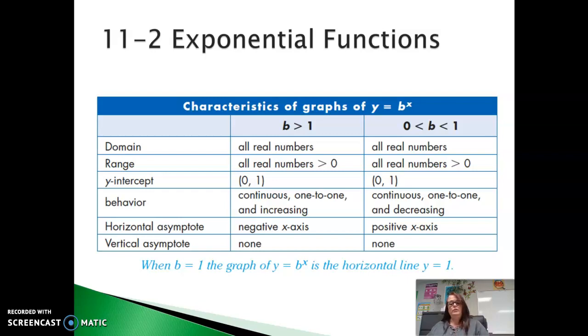And when it was smaller than 1, then the horizontal asymptote was more focused on the positive x-axis. And there are no vertical asymptotes because the domain was all real numbers. Okay. We don't really talk about when b is equal to 1 because, again, 1 to the first is 1, 1 to the second is 1, 1 to the third is 1, and that's just boring. It's just the horizontal line y equal 1.